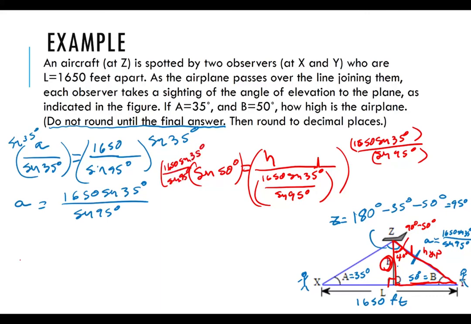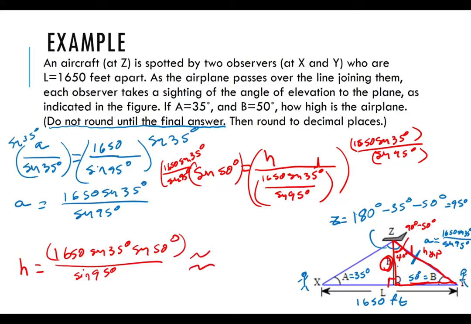And so now I'm just going to write this as one big thing. H must be 1,650 times sine of 35 degrees, times sine of 50 degrees, I'm just playing fraction multiplication, all divided by sine of 95 degrees. And then I want to throw an extra set of parentheses there to be a little bit careful, but that should fix it.